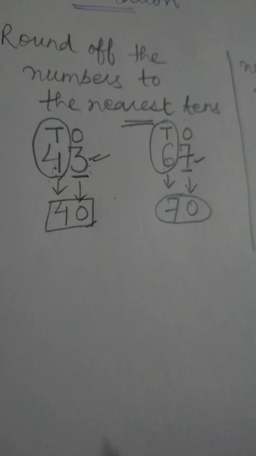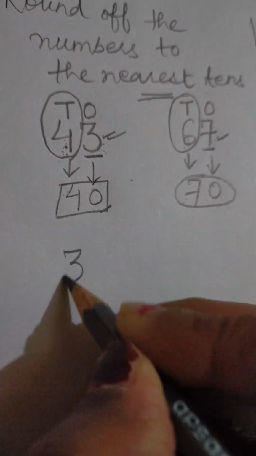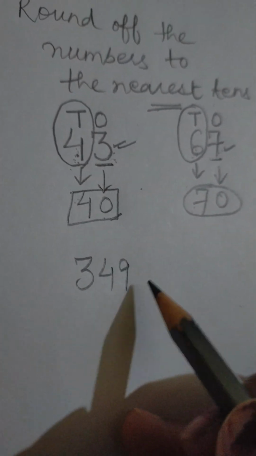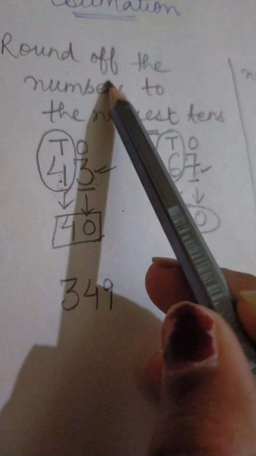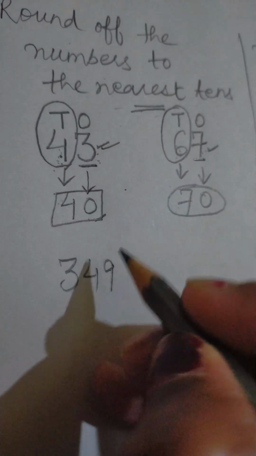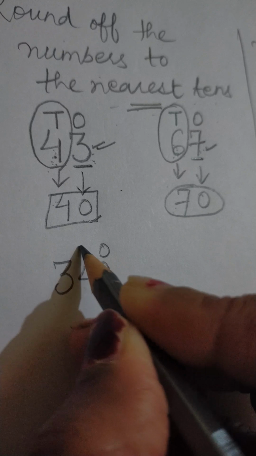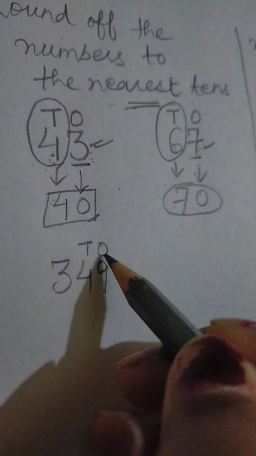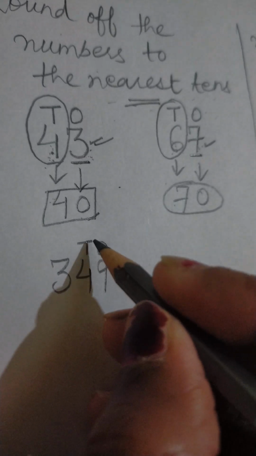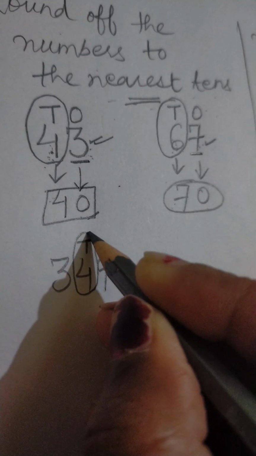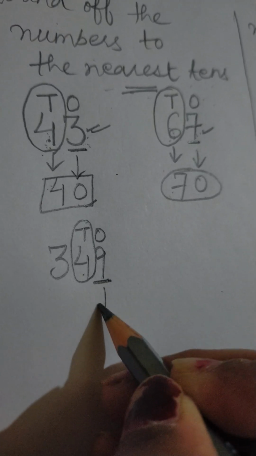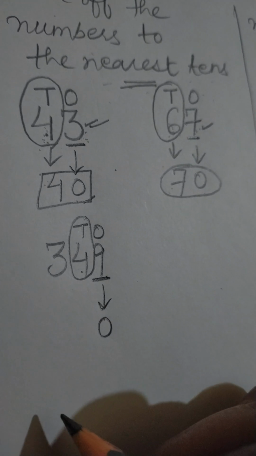Yes, see one more example. If there is 349, here we have to round off the number to the nearest tens. We will write ones, tens. Since it is nearest tens, we will write only up to tens. With rounding off, this digit will be underlined, and the underlined digit will become 0.